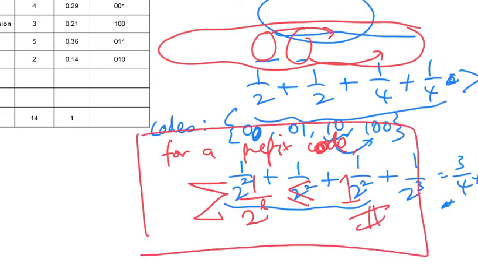So we come now to the question of what exactly is the relationship between average code length and the entropy of a coding system. Average code length we have seen what this is, and the same goes for entropy.